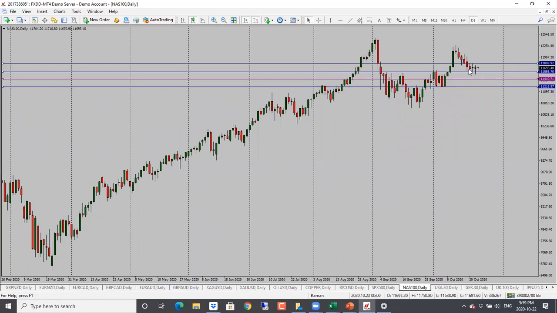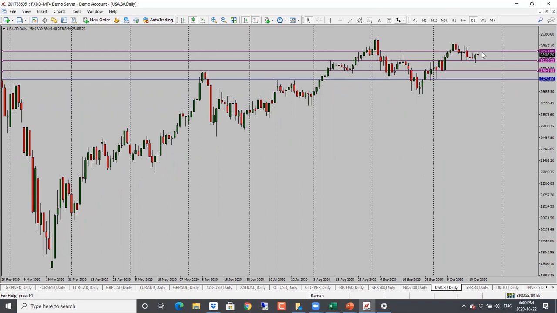Nasdaq here, this one has been stuck sideways for the last several days here. Today's candle close is neutral. Yesterday was neutral. So still a neutral bias here. And I will look for a move towards 11,800. If it holds, we are looking for the next leg higher. So this is neutral. Market is just in a wait and see mode.